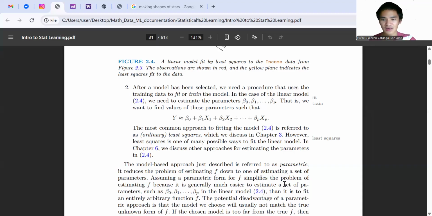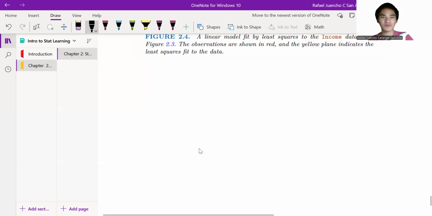Okay, let me just share my notes real quick because I want to write that out. So step 1 was making an assumption about the shape of the data. So in this case, we made an assumption of a linear model solely because maybe I think it's basic. Now, after we select a model, now we need some sort of procedure.